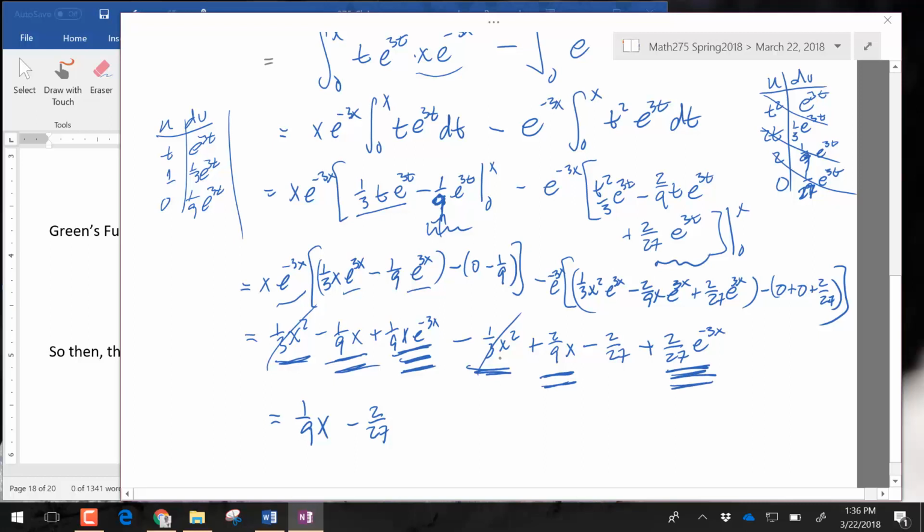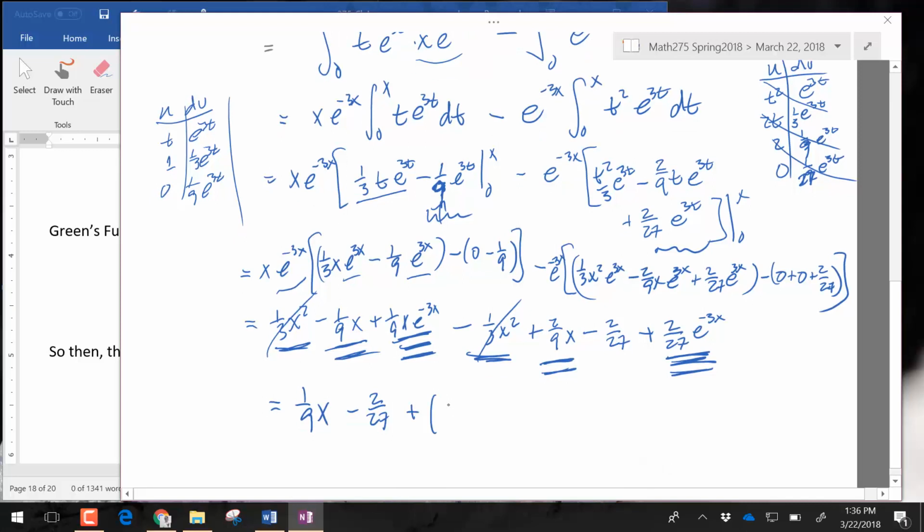Oh, I can't, there's an x here and there's no x here. Okay. So 1/9 x plus 2/27 e to the negative 3x. Is that what you mean? Okay. So this is our solution, or y particular.